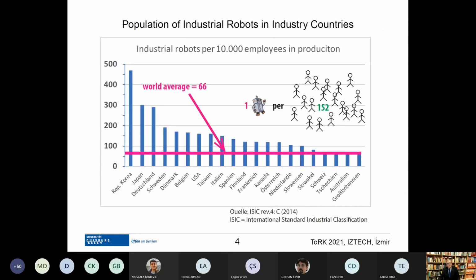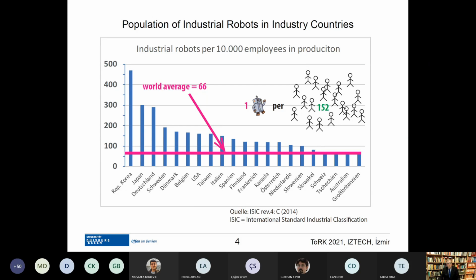If you look at the current robot population, we have about 66 robots per 10,000 employees in production. This means one robot per 152.